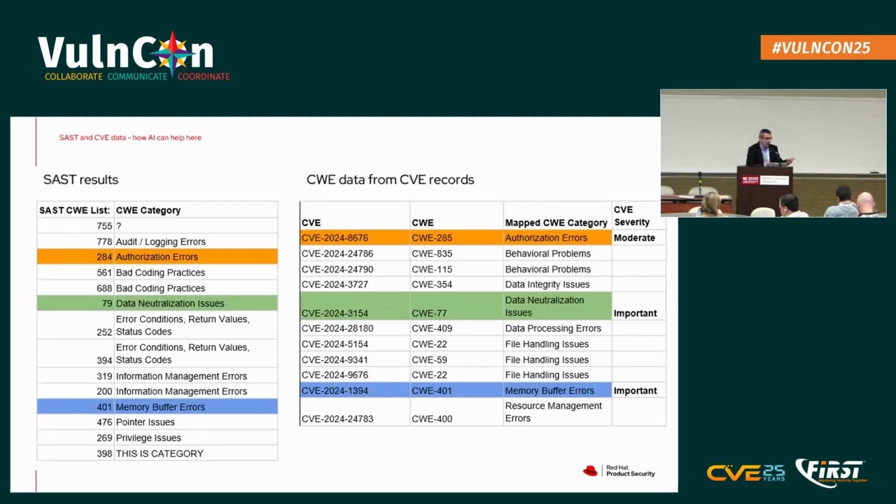That's the very important first step: you need good data on the CVE side, information about weaknesses that lead to those vulnerabilities, to do this type of analysis. So here in this POC, I cleaned the CVE records data, Red Hat CVE records data for the last year, 2024, to do this type of analysis.